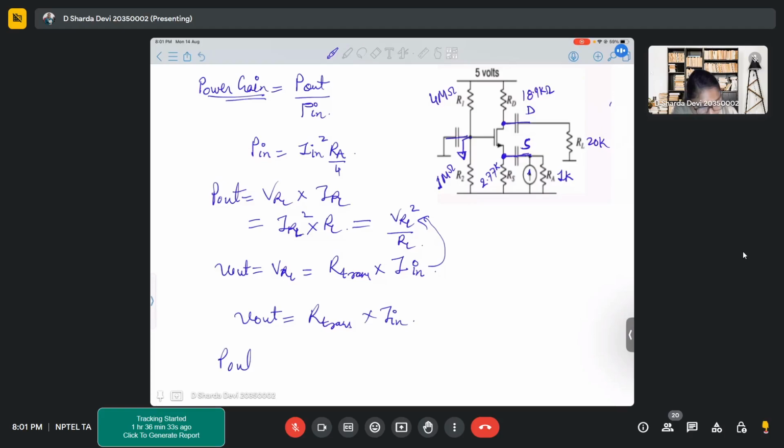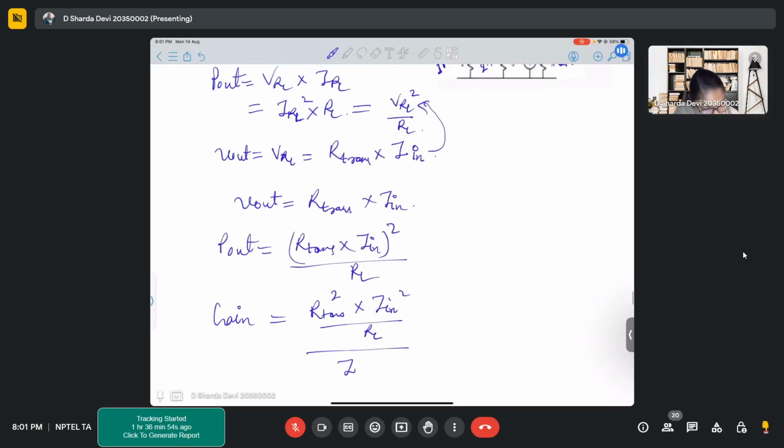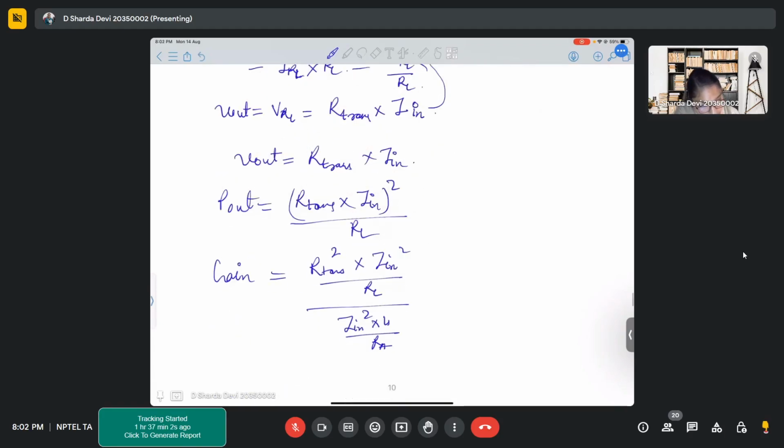So P out will be R trans into IN whole square by RL. So gain is R trans square into IN square by RL, divided by IN square RA by 4.